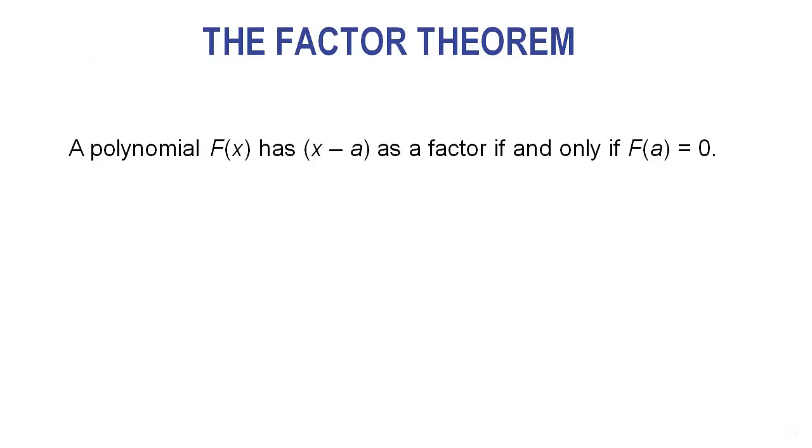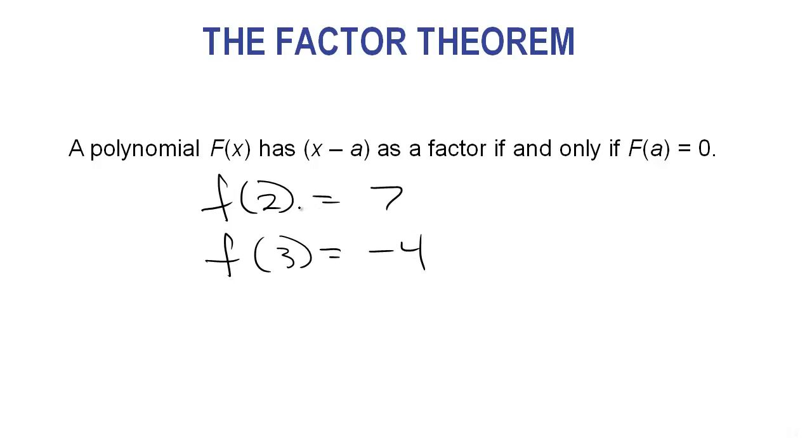So for instance, we have some function, we plug in 2 and we get like 7. Then we plug in 3 and we get -4. Well, as long as our function is continuous, and if we're talking about polynomial functions, which we are, right, then they're always continuous, and so there's no breaks in it. So if it goes from a positive to a negative, somewhere between it had to have a 0.